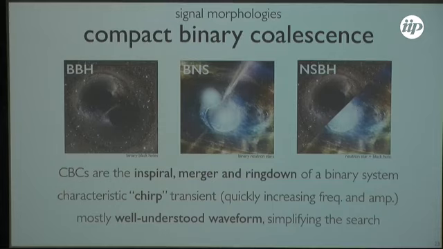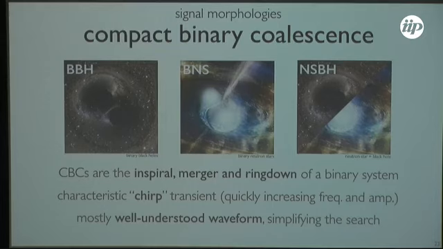Okay, compact and binary should be obvious. Coalescence is maybe a little bit less clear, but it's a word designed to mean the spiral, so the part where the two objects are slowly spiraling towards each other, when they merge, and when there's a final product that quiesces and radiates away imperfection.